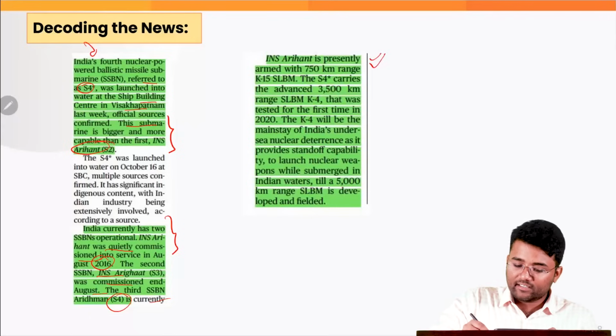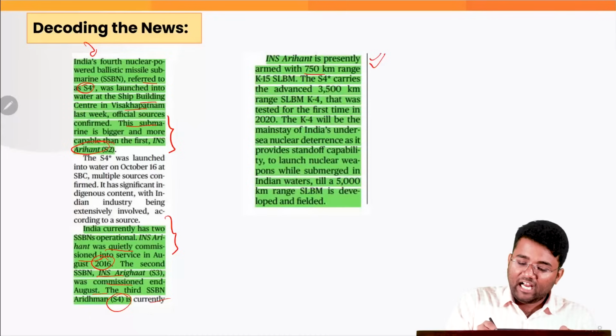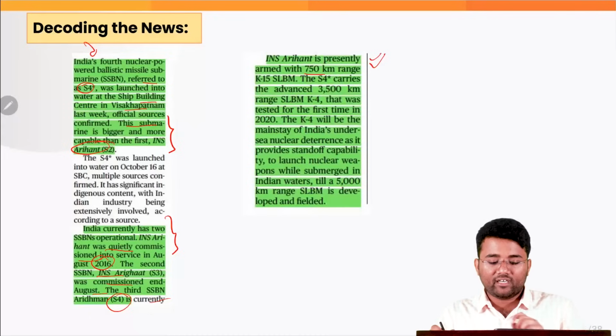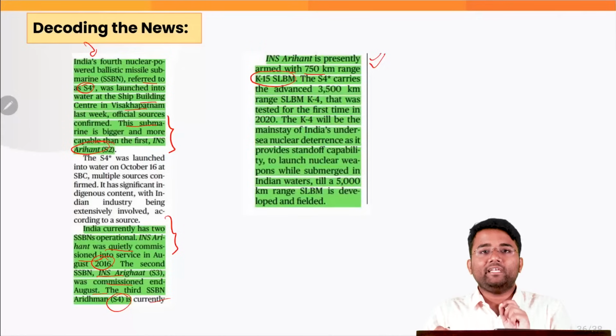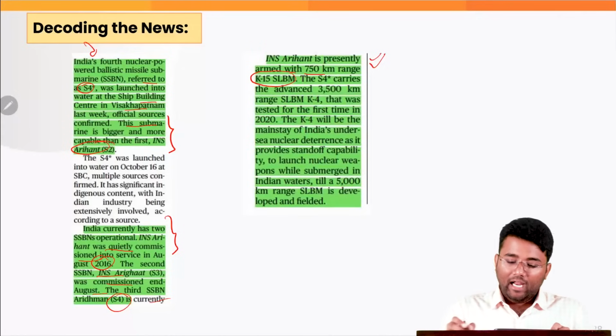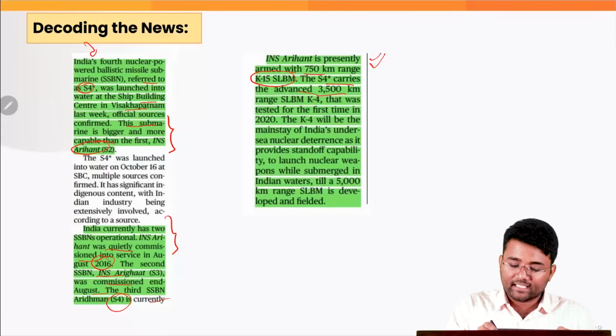The INS Arihant, which was the first nuclear submarine, is presently armed with the 750 km range K-15 SLBM, that is, Submarine Launched Ballistic Missile, and this S4 carries the advanced 3500 km range SLBM K4.